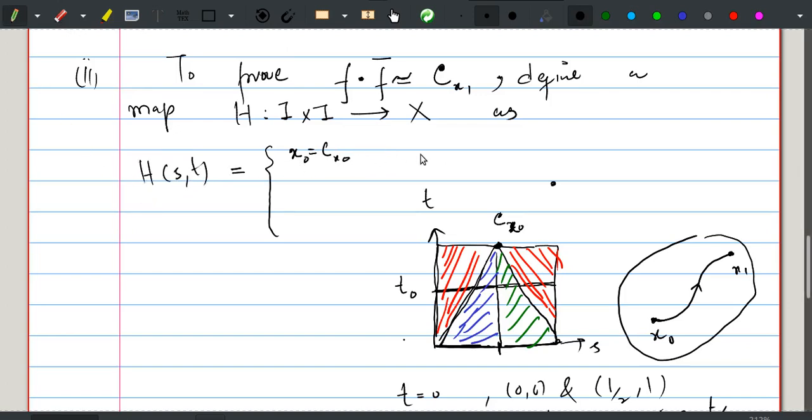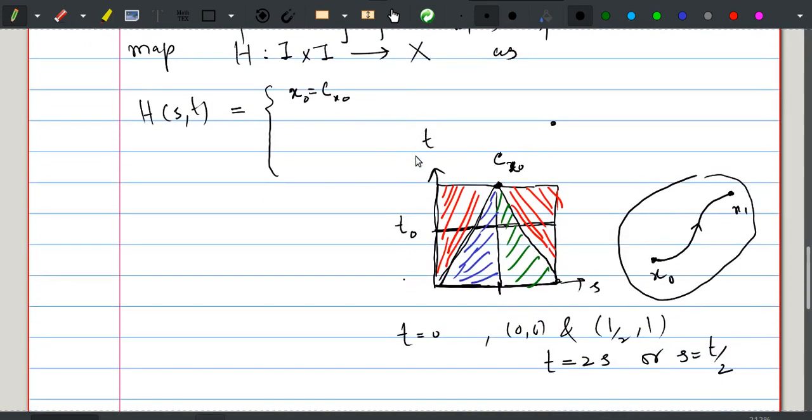In this region, this is the time when values of s are bounded by 0 and t by 2. So in this time, h stays at x naught.